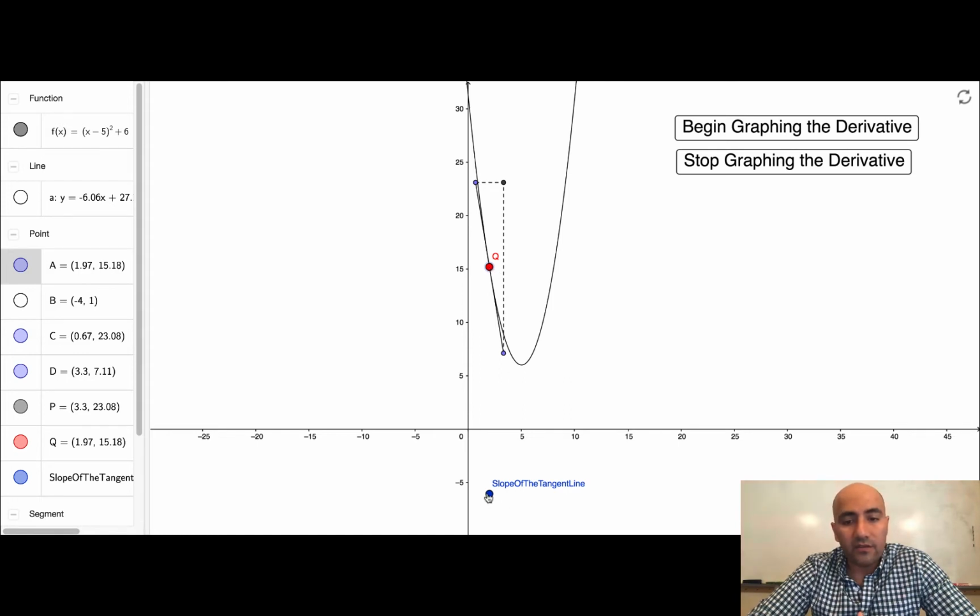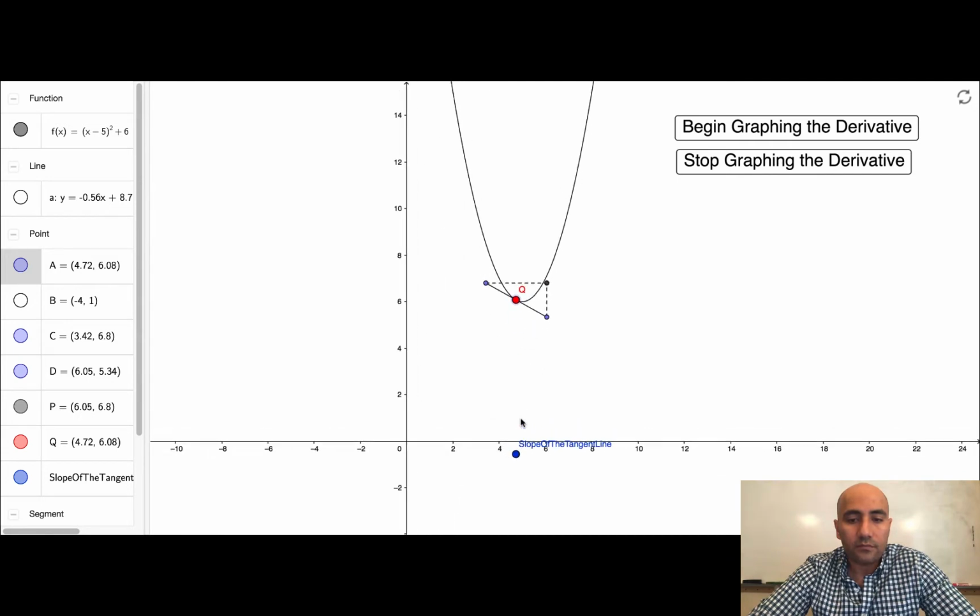It looks like it's a little bit below -5, so maybe -6 or -7 is the slope of the tangent line at this point. And as I travel in this direction, I'm still in the negative, so that blue dot is still below the x-axis, but it's getting closer and closer to 0. It's a much smaller negative. And when I get to somewhere around here, that's a much smaller negative slope, so it's much closer to 0.